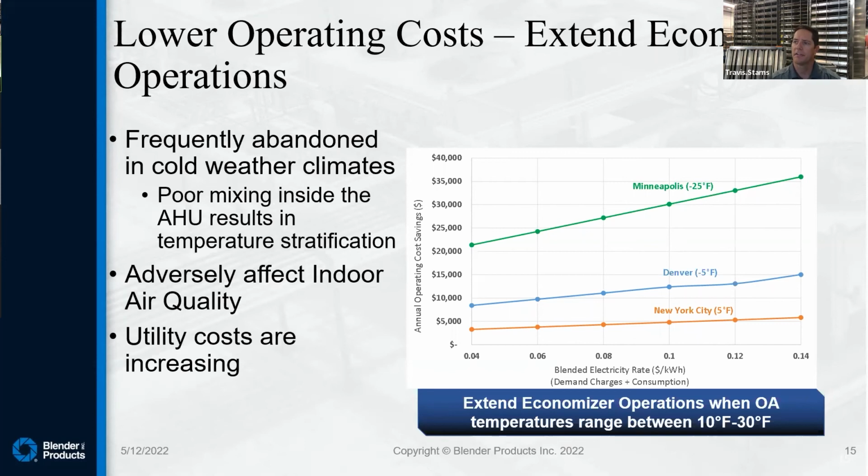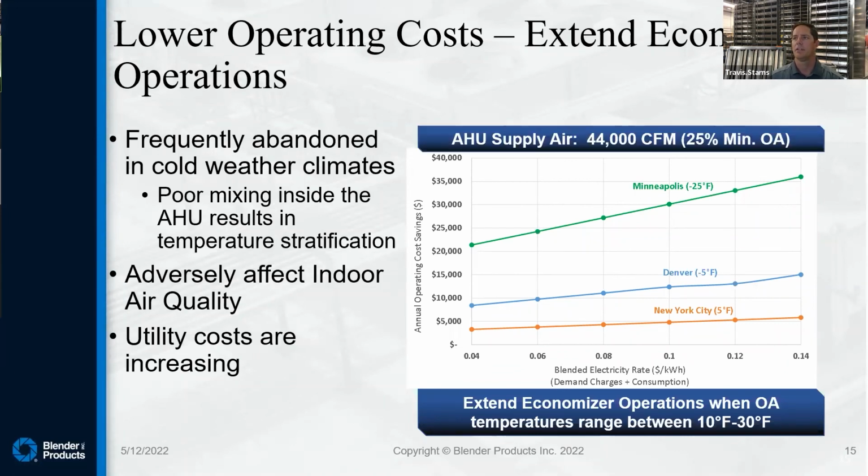That's a plot of the savings as a function of blended electricity rates, which includes the demand charge plus the consumption of kWh. Typically in Denver, for our C&I clients, the commercial and industrial, we're seeing anywhere from 0.07 to 0.1. But the point being is there's over $10,000 of annual savings on a unit that's 44,000 CFM with 25% outdoor air.